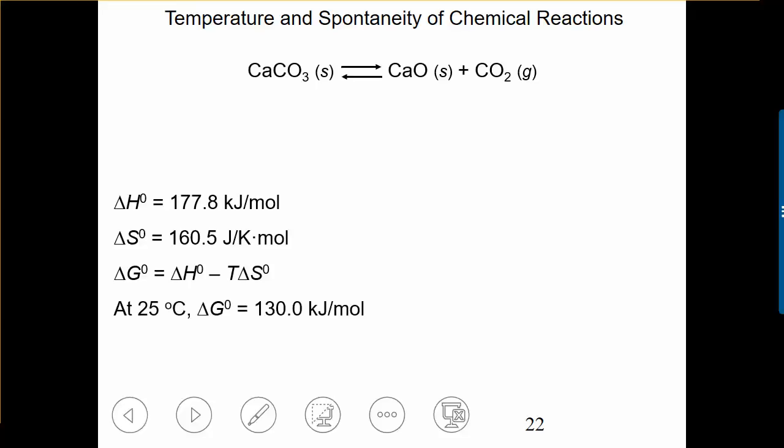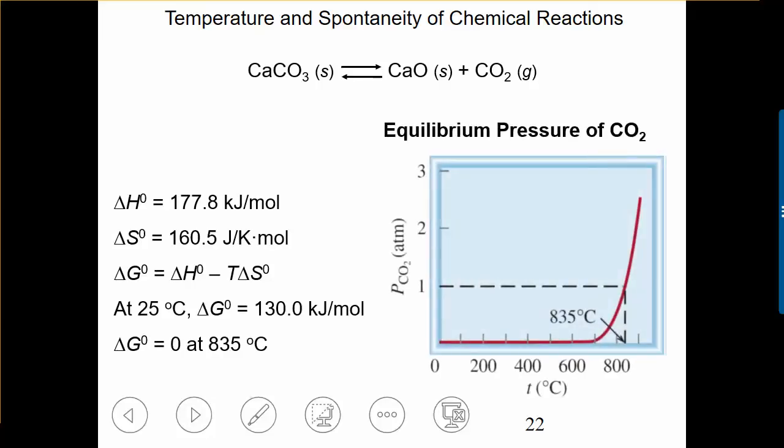Okay, so this is very straightforward then. Here we see delta H is 177.8 and delta S is 160.5.